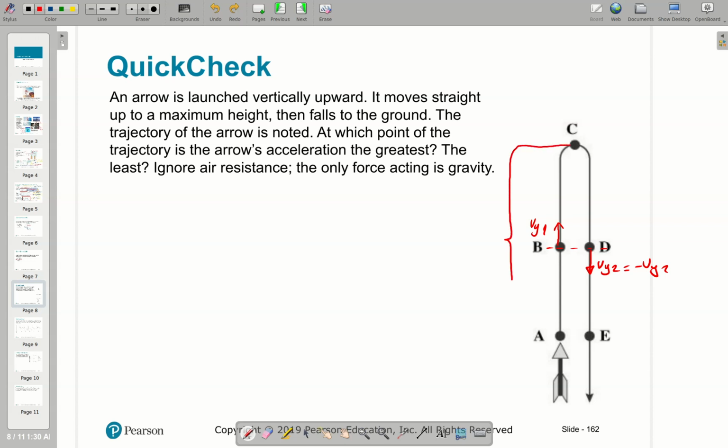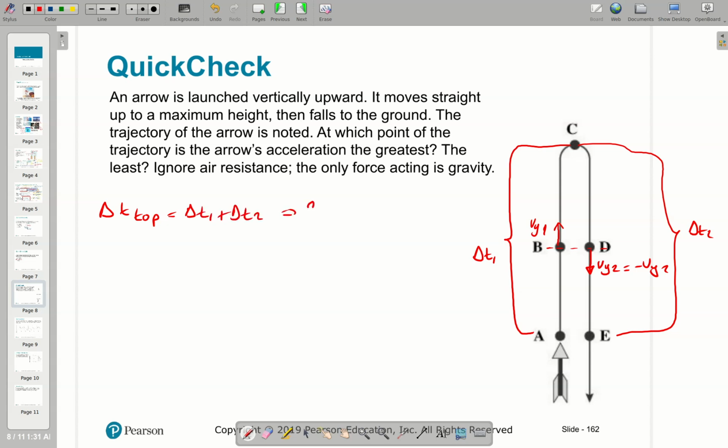Also remember that the time it takes to go up, delta T1, is equal to the time it takes to come back down, delta T2, and the total time is equal to delta T1 plus delta T2, or 2 delta T1, or 2 delta T2, right?